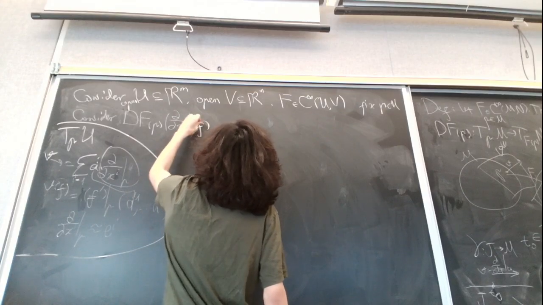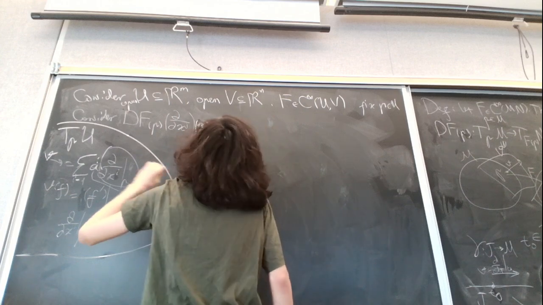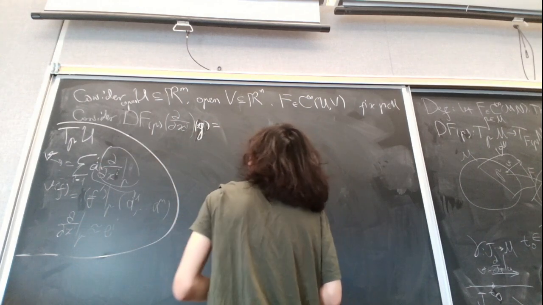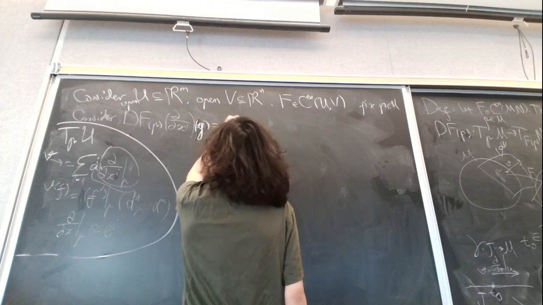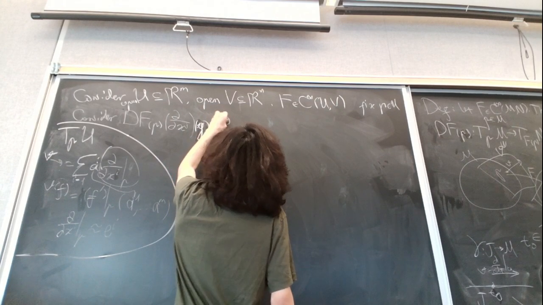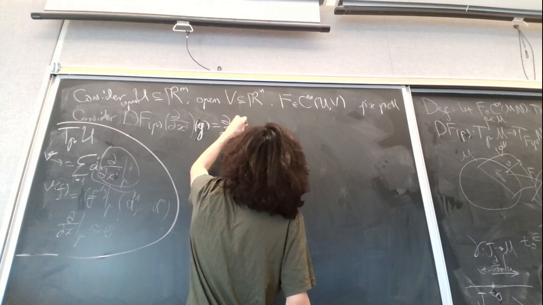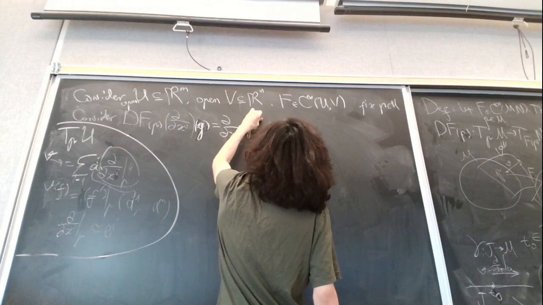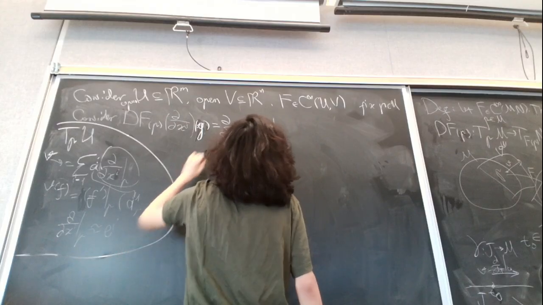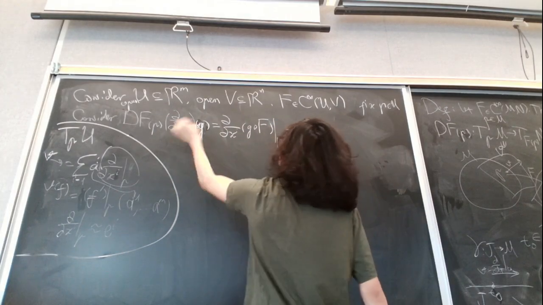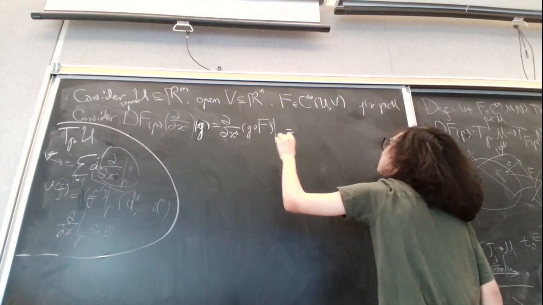I'm going to use g, just keep writing f in the, and this is going to be equal to, let's see, d dxj of g of f at p. Nothing crazy so far. Or this is a j. Yeah, I want to keep this a j for indexing purposes later.